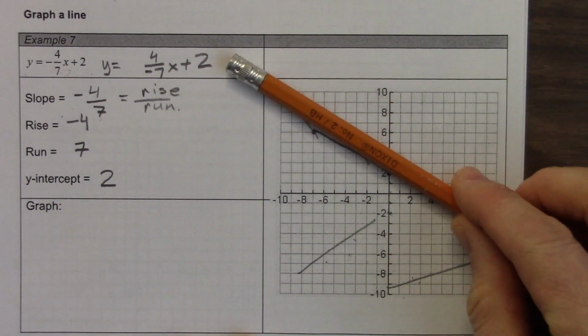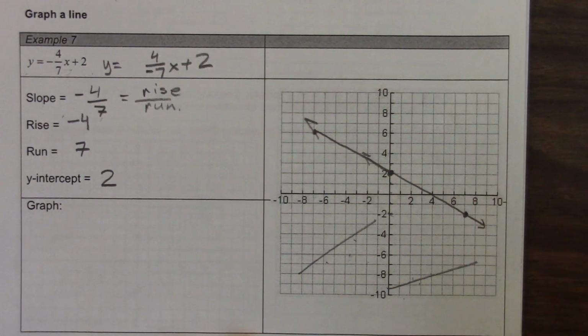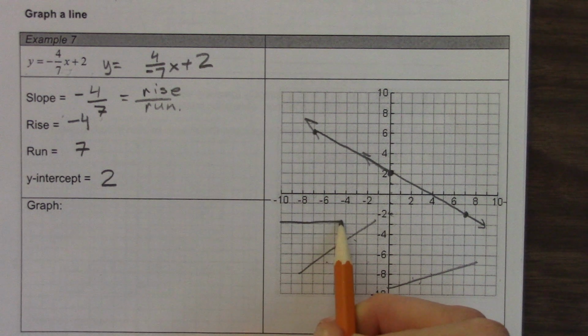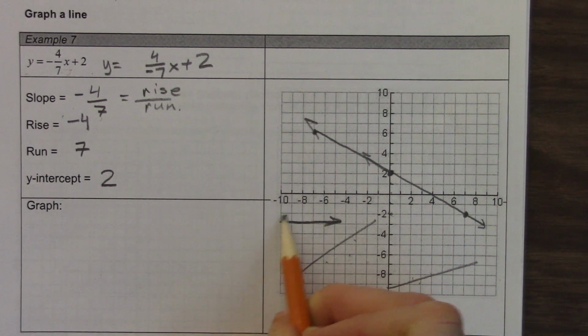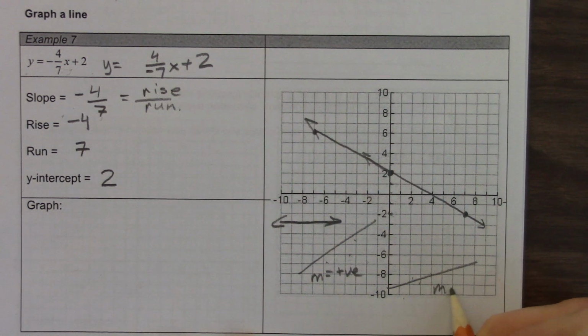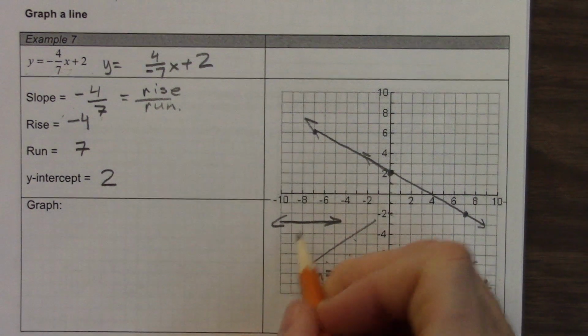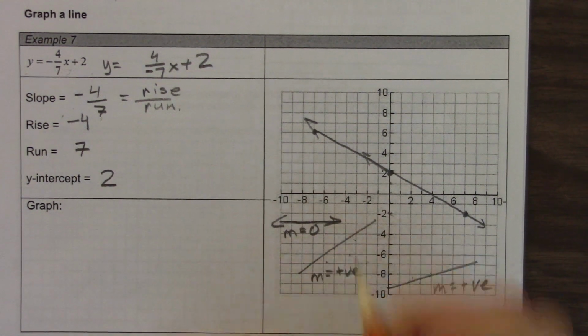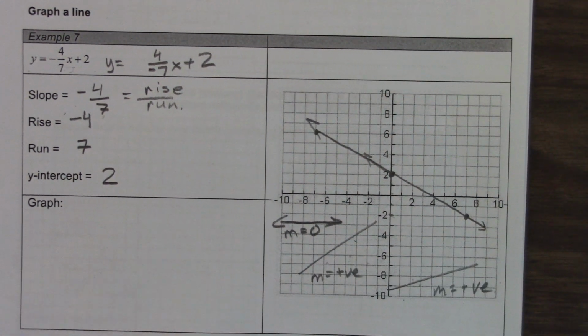If they're going down, they're negative. What's the slope of this line, Jaden? Is it? You sure? It's not actually undefined. It's perfectly defined.